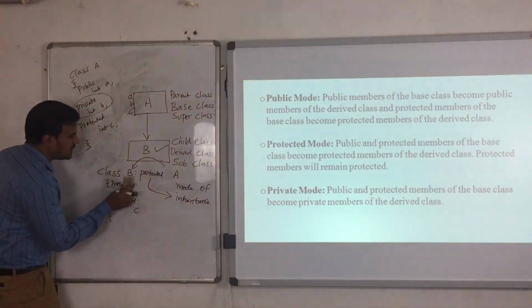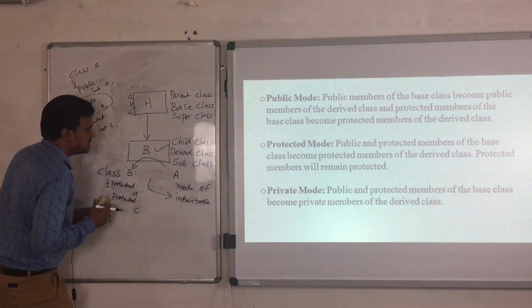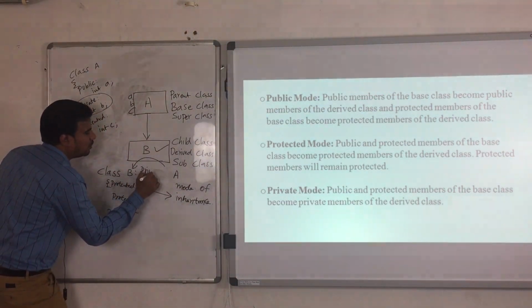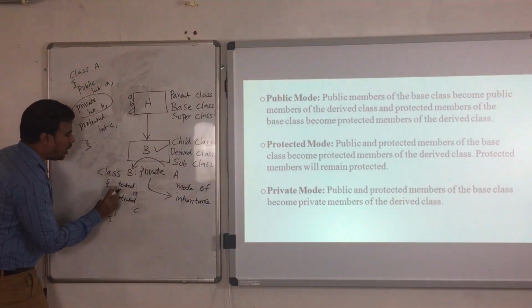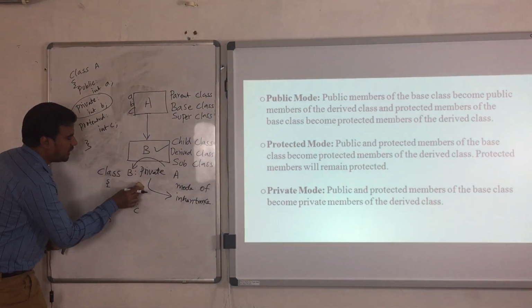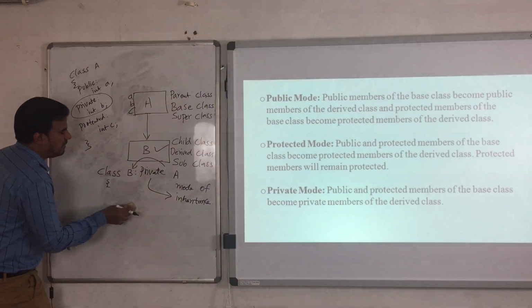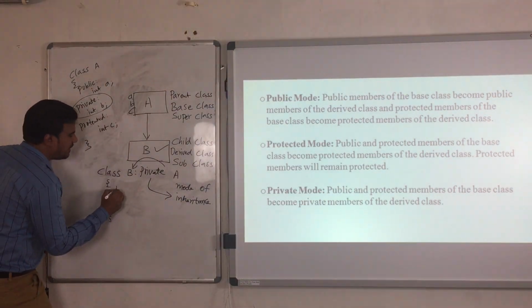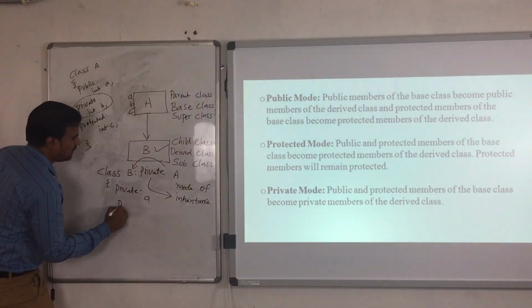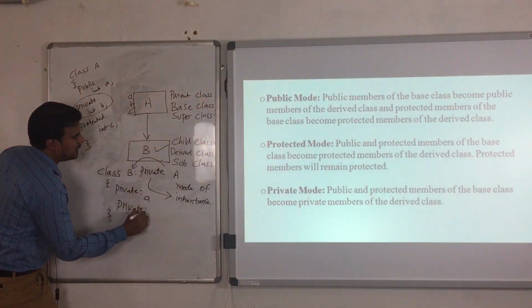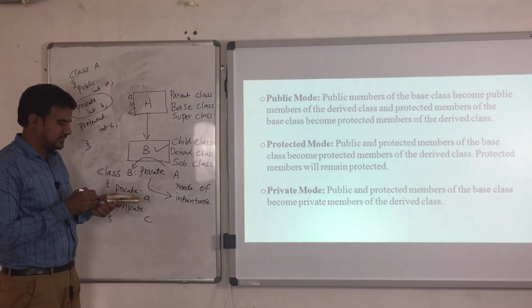The next thing is, if we put the mode of inheritance as private, then what will happen? All my data members except the private members of the base class will become private in my derived class. So private A, private C. And for B, in this case also, we don't have any access.